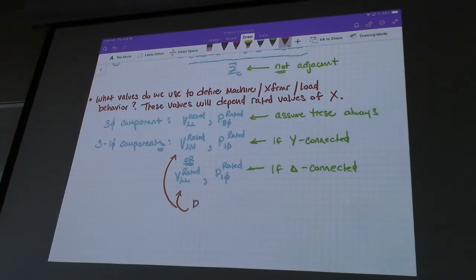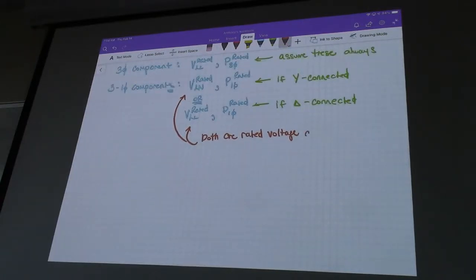So both of these are the rated voltage across the single phase of the device. So it makes sense. If it's Y connected, that rated value is line to neutral. If it's delta connected, that rated value is line to line.